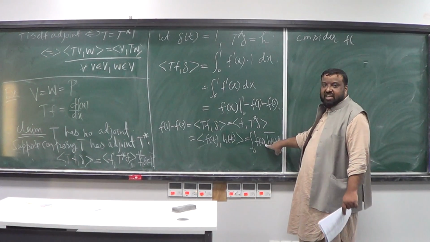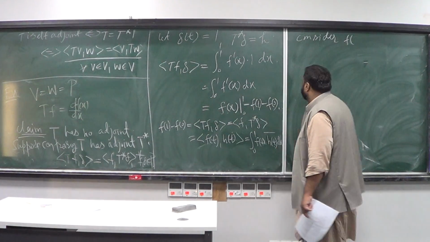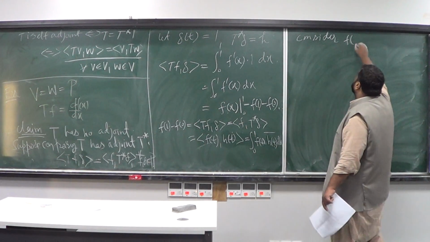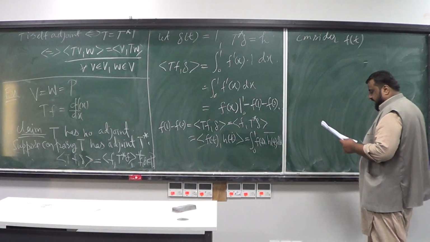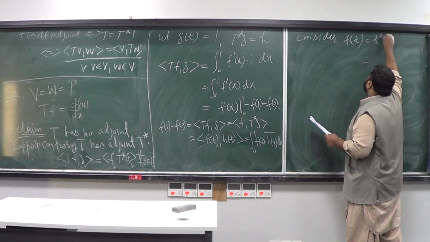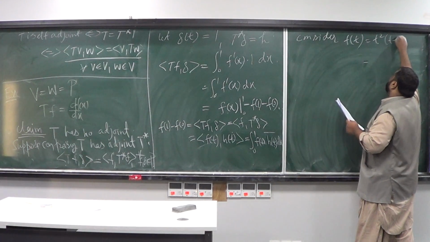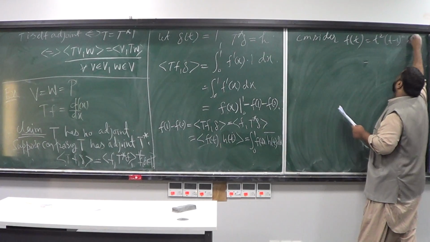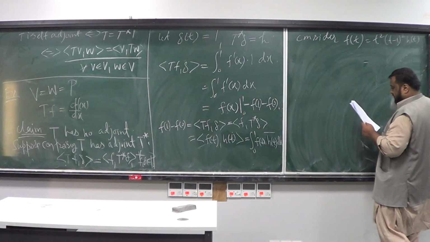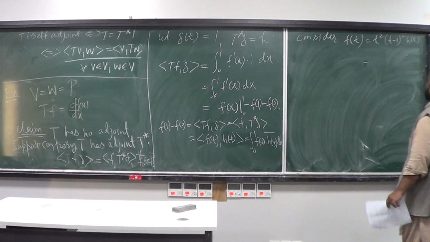I can choose any f I would like and this would always hold, by definition. So let's choose f of t to be t squared times (t minus 1) squared times h of t, where h of t is the same as before.